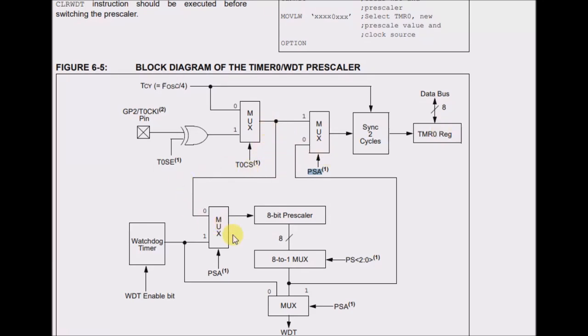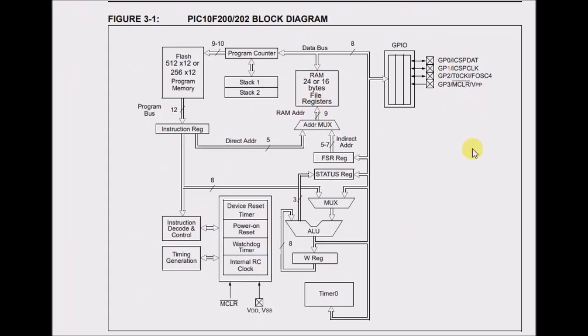Then it comes down into this multiplexer, and it's got the prescaler assignment here again, somehow connected to a multiplexer. So here's the block diagram. Is that the same multiplexer it's talking about? Where's Timer0? Here's Timer0.